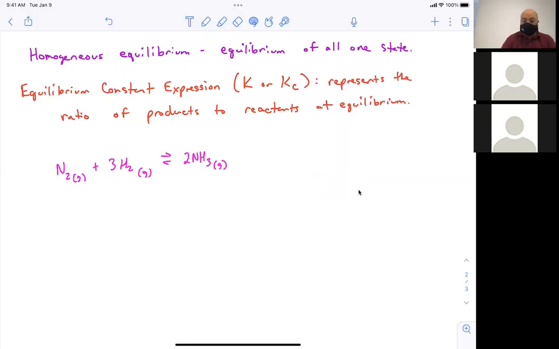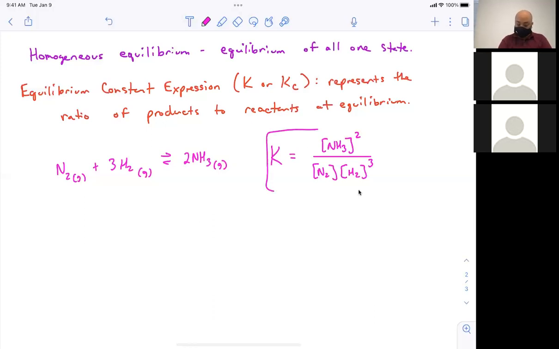And so if all these are gases, the expression for this is our products raised to their coefficient over the reactants multiplied together raised to their coefficients. And that is what the IB is asking for when they say state the equilibrium constant expression. This expression right here.